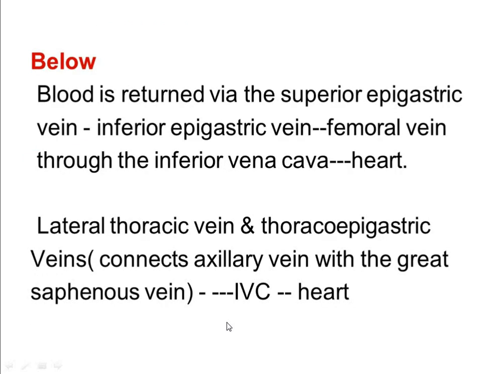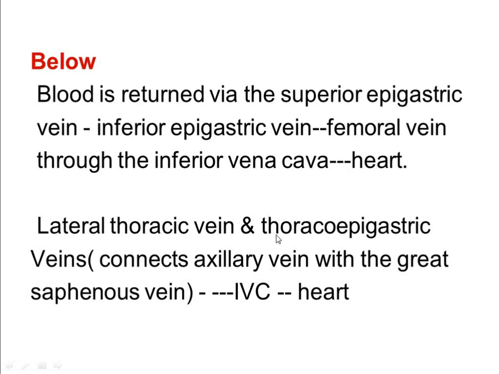What happens if below the entry of the azygous vein, the superior vena cava gets obstructed? In that case, the blood is returned via the superior and the inferior epigastric veins into the femoral veins, and through the femoral veins into the inferior vena cava and heart.